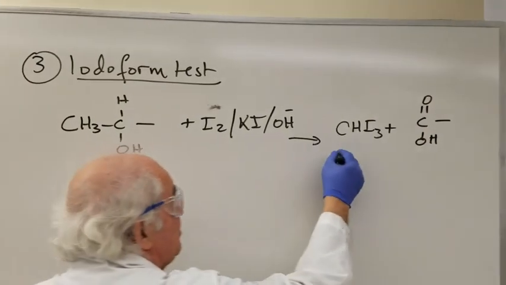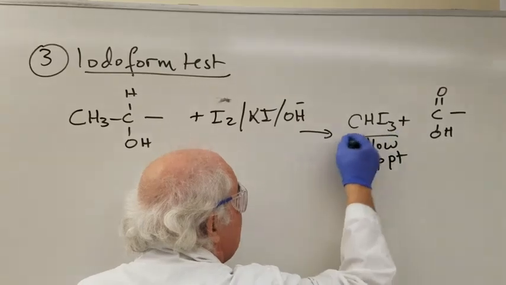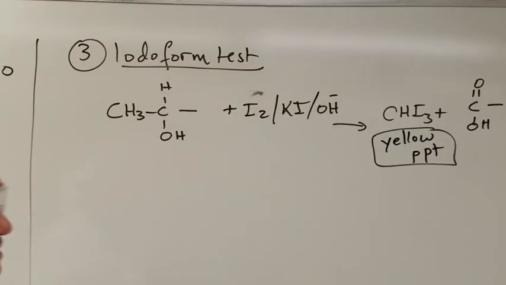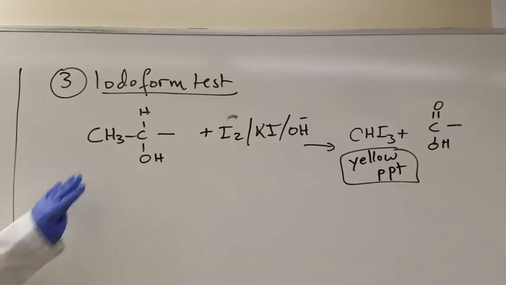This is a yellow precipitate. Very easily interpreted if we have an alcohol of this type.